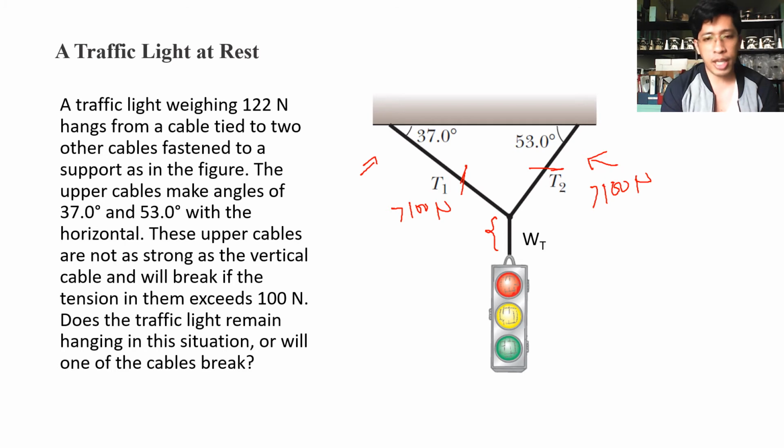Otherwise, if one of the cables has a tension greater than 100 newtons, it will break. So do you think one of these cables is going to break or not? Consider again that the weight of the traffic light is 122 newtons. Can the two cables support the 122 newton traffic light, or will one of the cables break? So let's see.